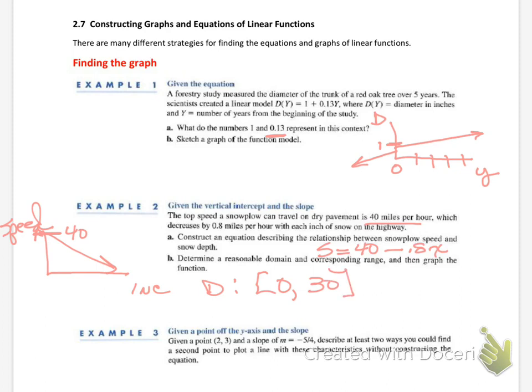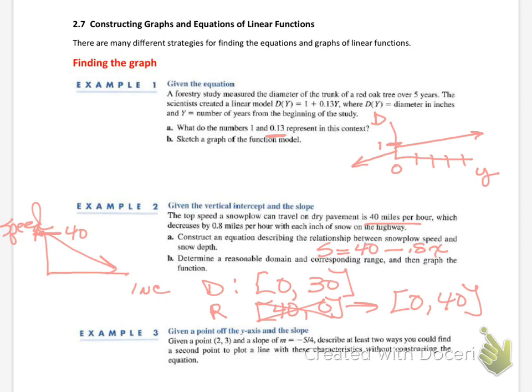So let's say that our domain is something like that. And what's our range going to be? Well, they told us the fastest it can be is 40, and it certainly can't go negative. So let's say it's 40 to 0, but you would not write it like that. You would always go from low to high. So those would be reasonable domain and ranges. You're not going to present it like this, but rather like that.